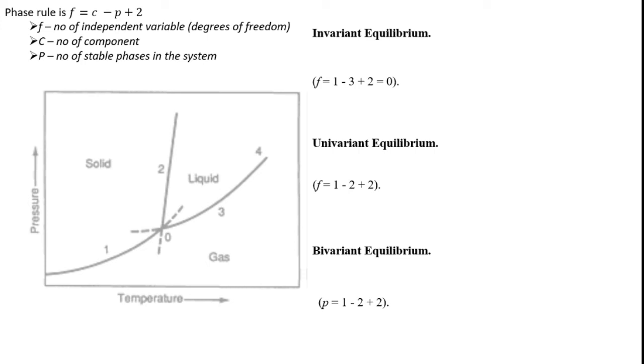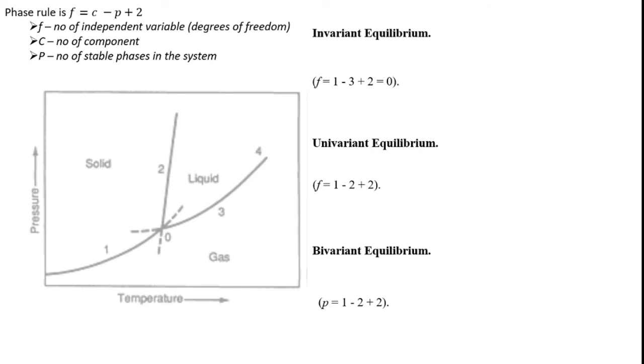Line 1, representing the reaction between the solid and gas phases, is the sublimation curve, line 2 is the melting curve, and line 3 is the vaporization curve. The vaporization curve ends at point 4, called the critical point, where the physical distinction between the liquid and gas phases disappears.